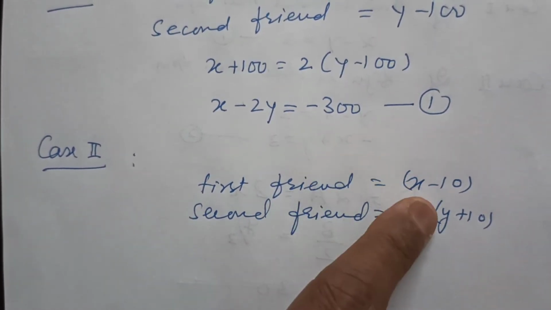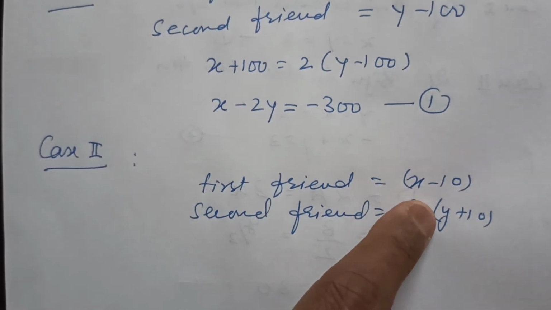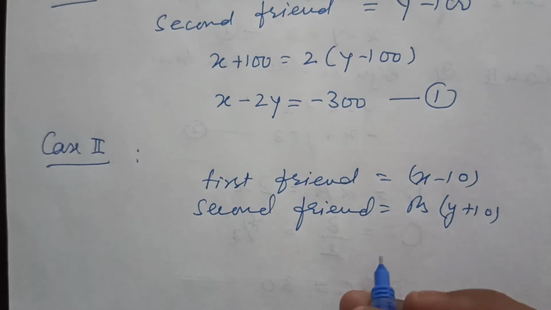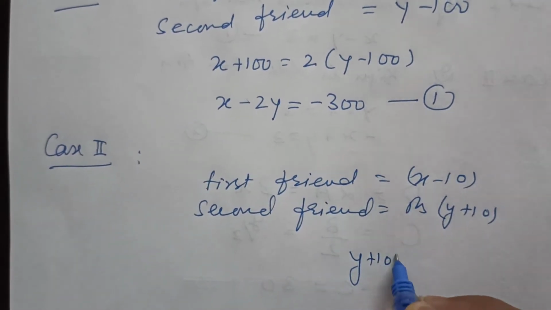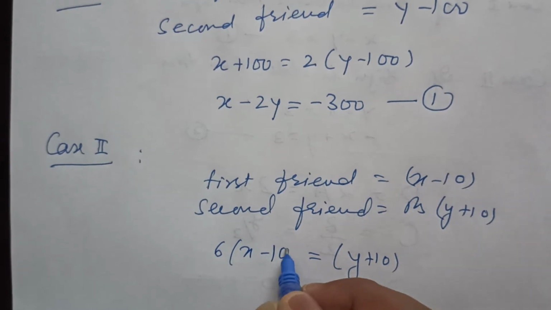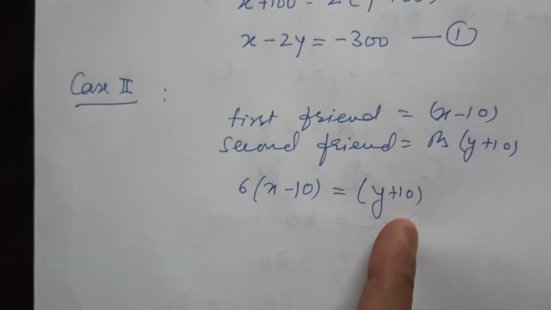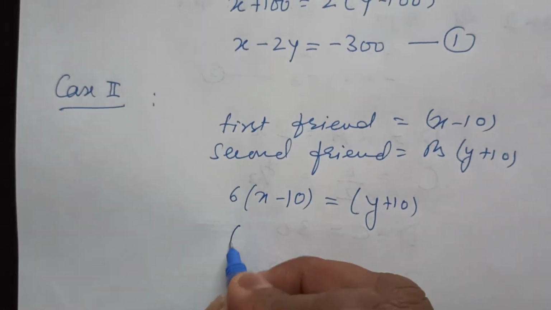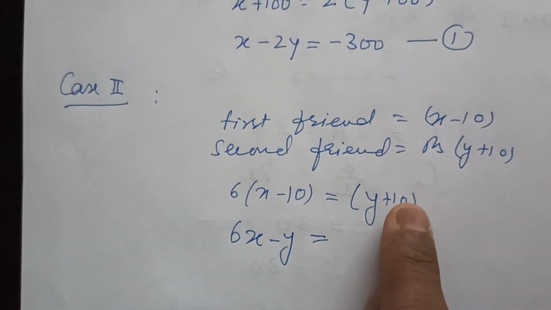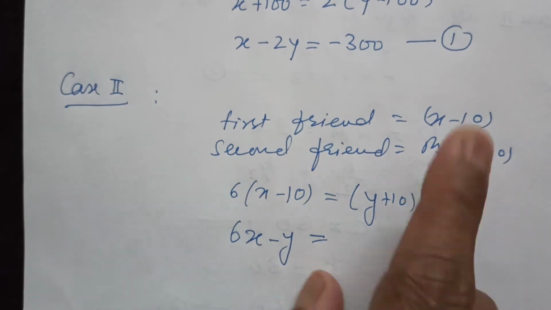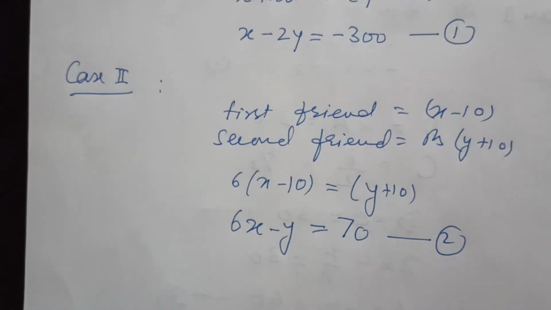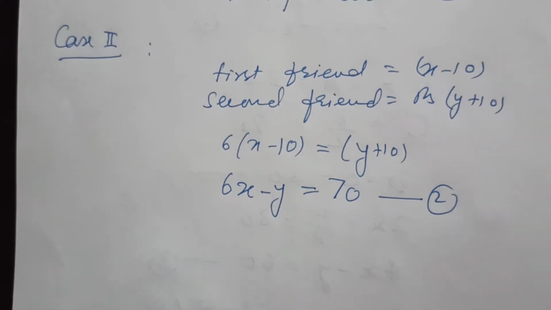Now what is the relation between them? The second friend says, I shall be 6 times as rich as you are. That means y plus 10 will be 6 times x minus 10. Second friend becomes 6 times richer. So this is 6x minus y is equal to 10, and minus 60 goes to the other side. That becomes 70. So students, we have got two equations.